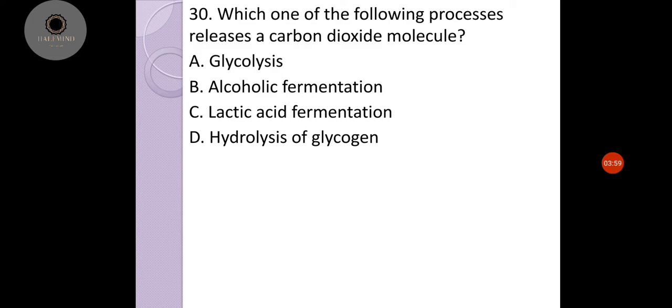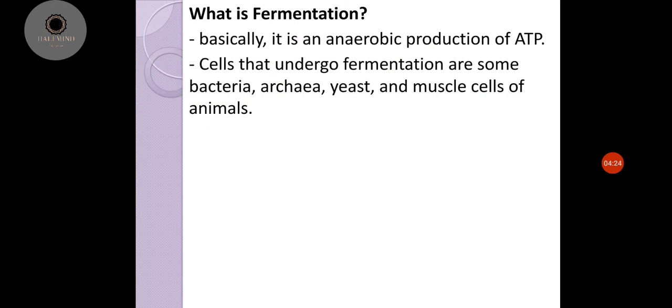In hydrolysis of glycogen, when we say hydrolysis, guys, it is the splitting of glycogen or the oxidation of glycogen. So it's wrong pa rin. It's either in the two, the alcoholic or the lactic acid fermentations. Ano ba yung fermentation? Okay, fermentation is basically an anaerobic production of ATP.